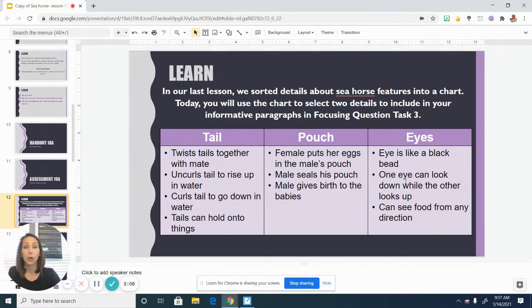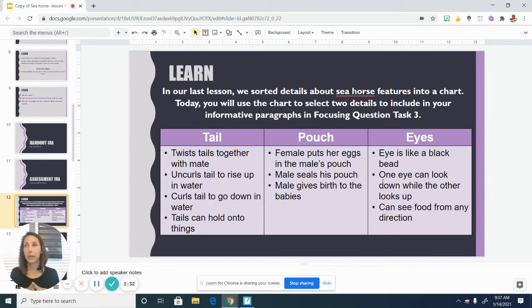So in your writing task, you are going to just be choosing or focusing on one feature. So you'll need to choose one feature. So why don't we think about that right now together? So you're either going to tell about the tail, the pouch, or the eyes. So you can pick, and whichever one you think is most interesting to you, I would choose that one.